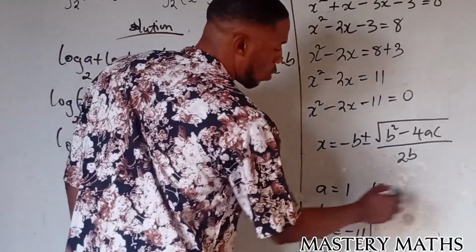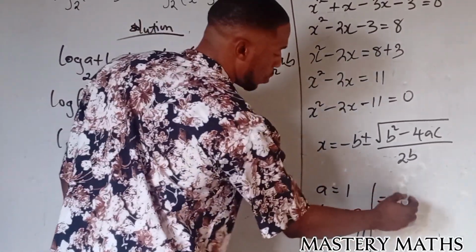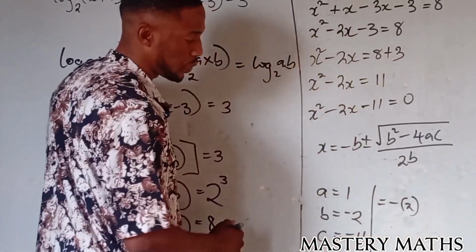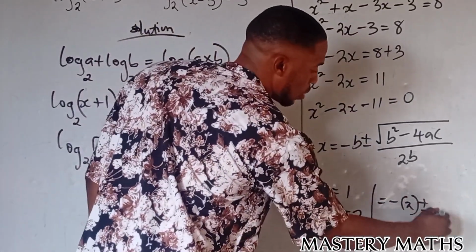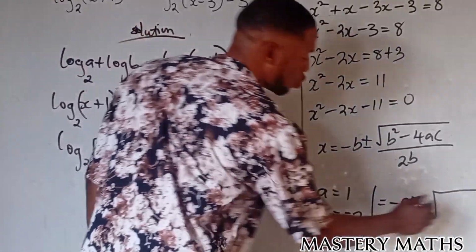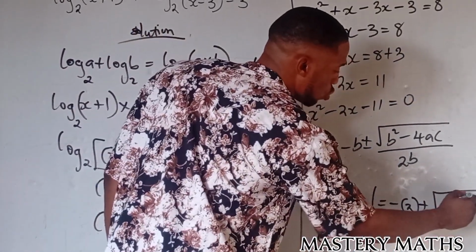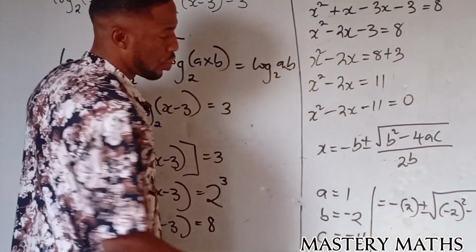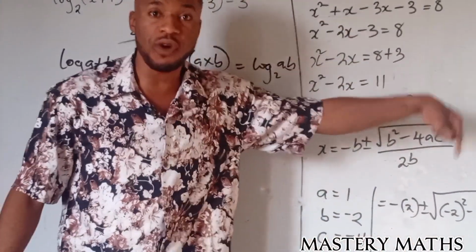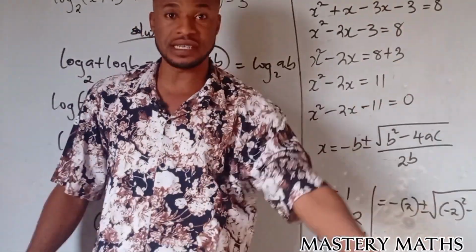It becomes equal to minus, now the b is minus 2, so minus minus 2, plus or minus, you have your b again, the b also is minus 2, so minus 2 squared, minus you have your 4ac. This 4ac means 4 times a times c.